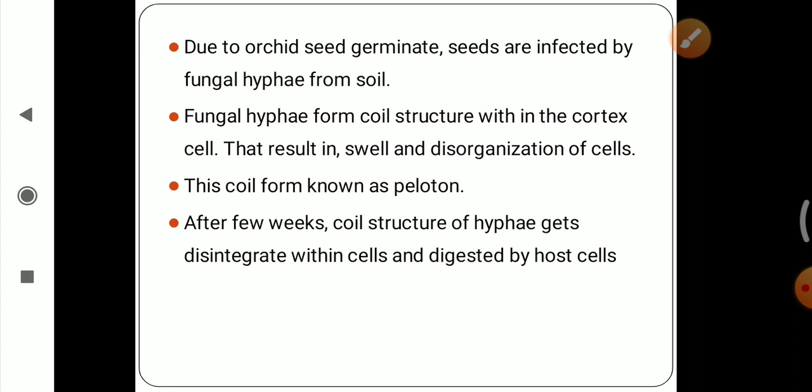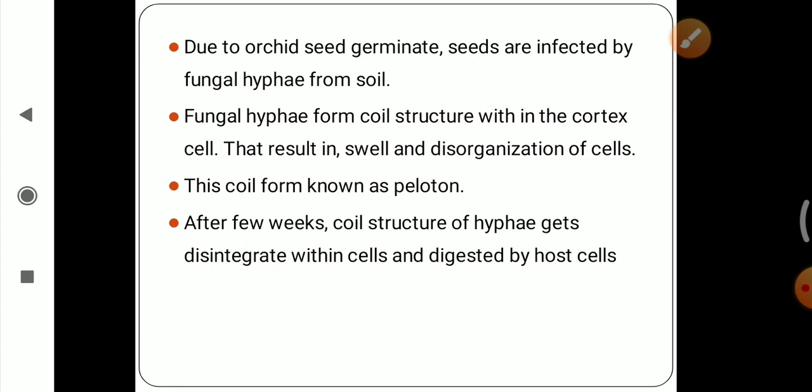intracellular interaction. In Ectomycorrhiza, Hartig net-like structure is found, whereas in Endomycorrhiza, Hartig net-like structure is not found. Sheath is found in Ectomycorrhiza, whereas in Endomycorrhiza, sheath is not found.